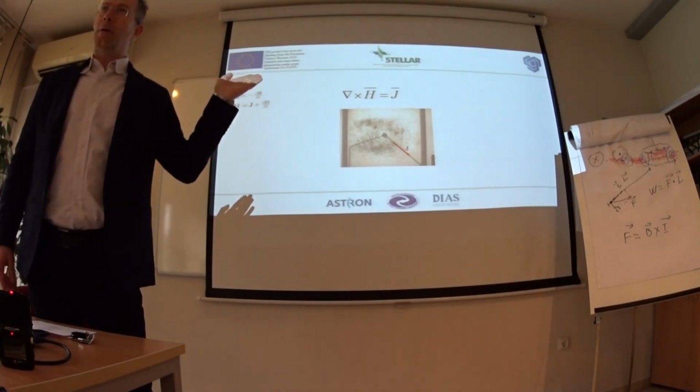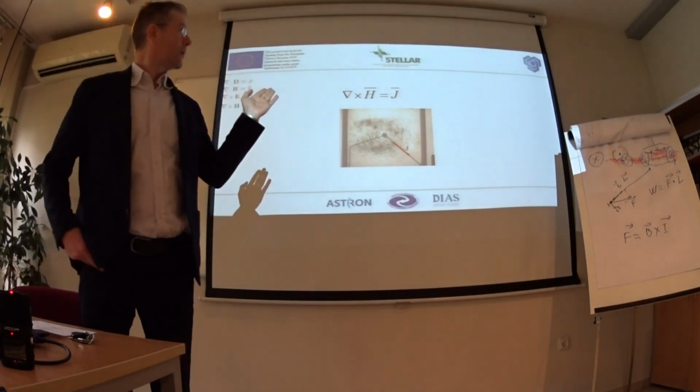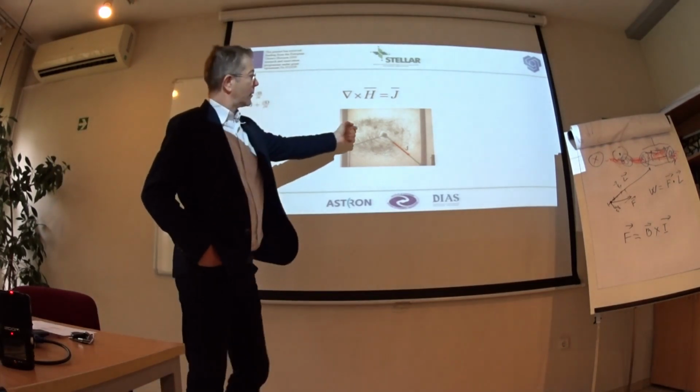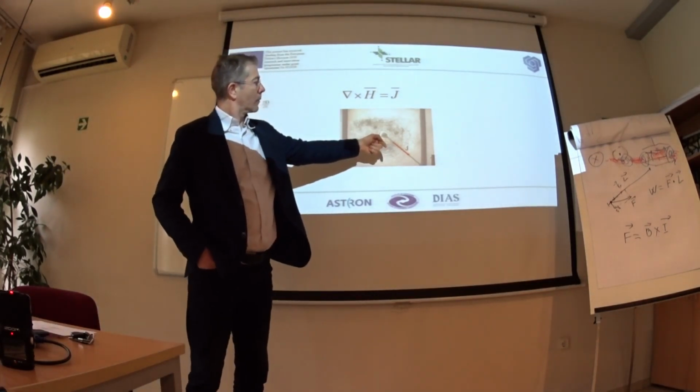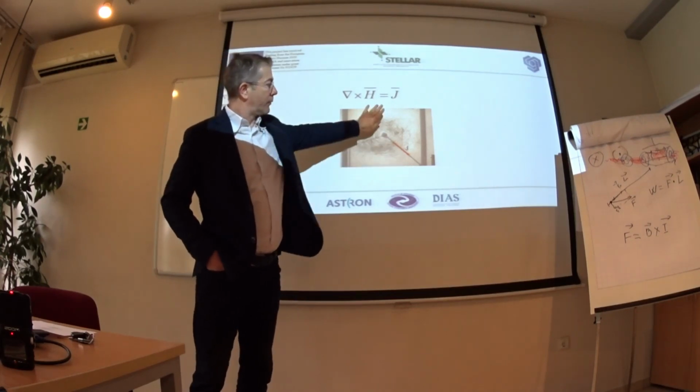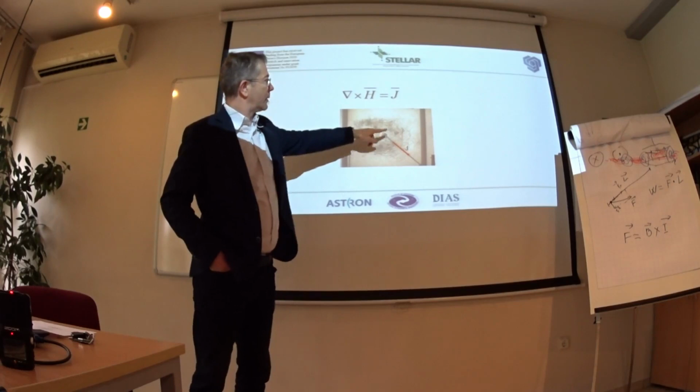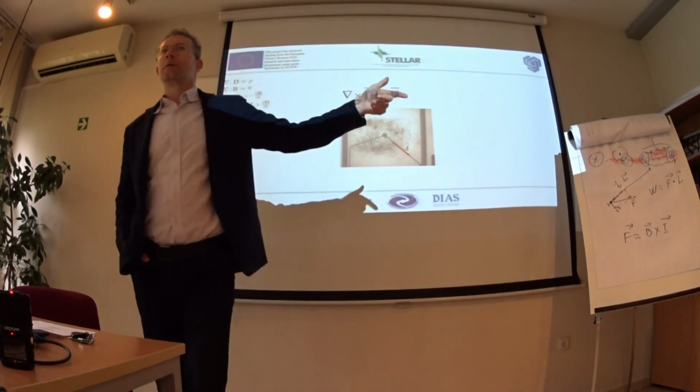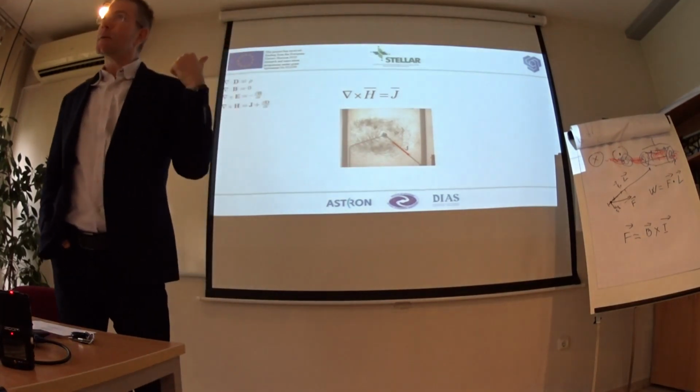For the curl, a bit more complex. We have a conductor that goes through the surface and it forms magnetic lines.